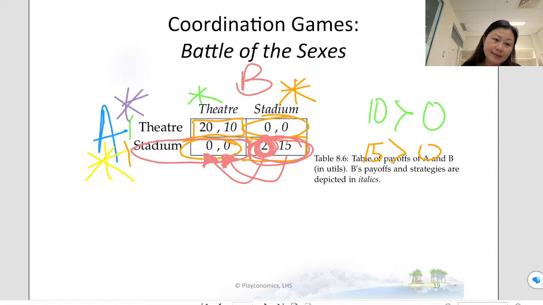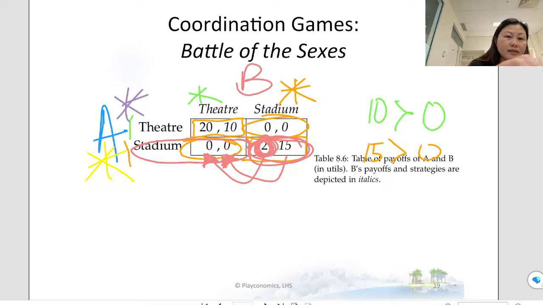If the answer is yes, player A would prefer to go to the theater instead of going to the stadium to meet player B, because player A is definitely thinking of moving from stadium to theater to improve their payoff. This is not Nash equilibrium because of exactly what I just said. So both players here have an incentive to change their strategy.